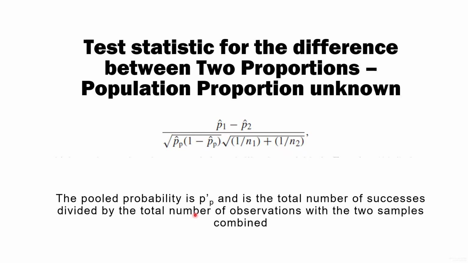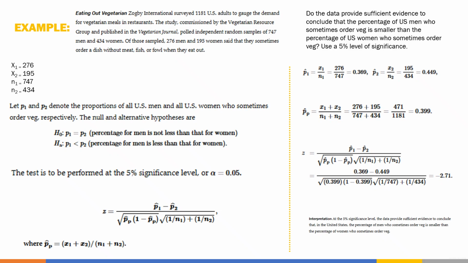The pooled probability, p hat sub p, is the total number of successes divided by the total number of observations with the two samples combined. We do this because it gives us our best estimate of p, similar to a pooled standard deviation, which you've done in the past. So let's do the example, eating out vegetarian.